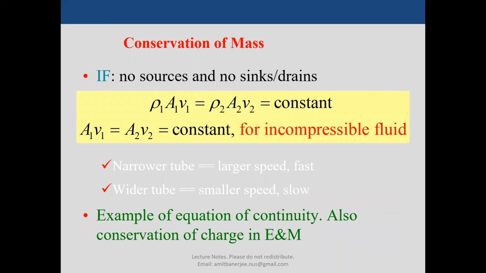The reason to bring in this concept is to introduce the conservation of mass. If we do not have a source or sink, which is a drain, then generally the mass flow is constant. So rho 1 A1 V1 equals rho 2 A2 V2, as in the image in the last slide.